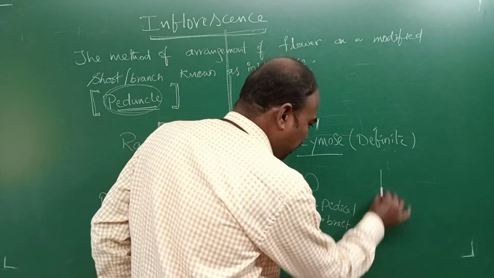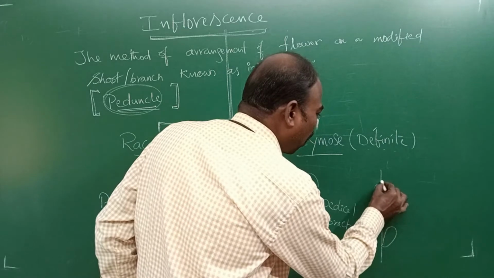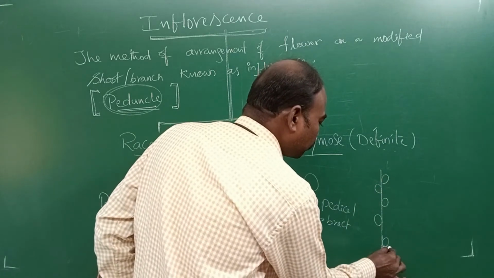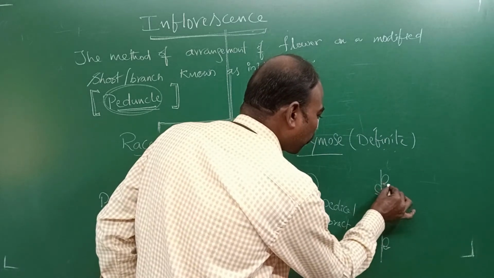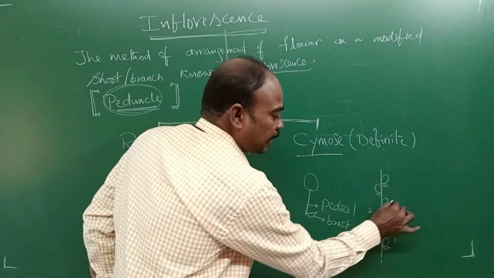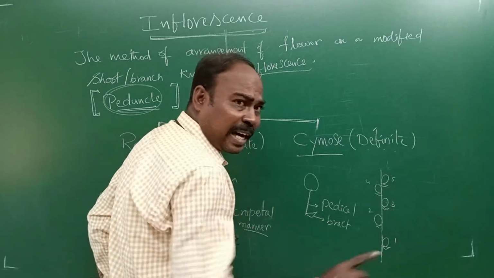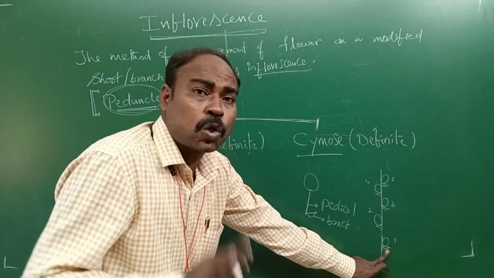Suppose the flowers do not have a stalk, and are born directly on the bracts. So here, in this first, second, third, fourth, fifth flower, there is no stalk. Flowers are developed directly in the axils of bracts. No stalk.